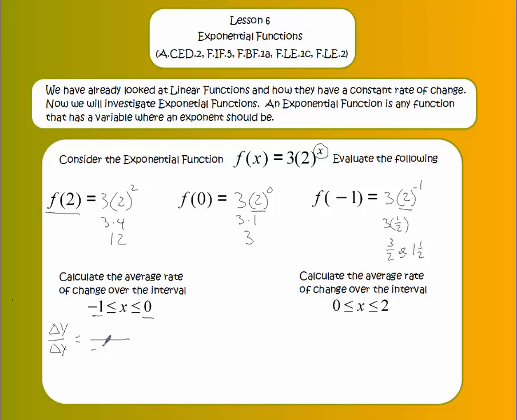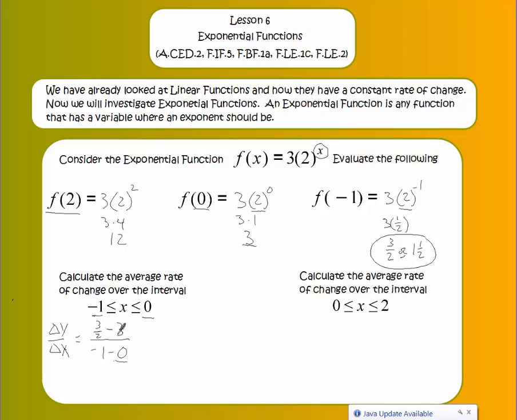So from negative 1 minus 0, and when the x value is negative 1, the y value was 3 halves, or 1 1/2. So I'll put in 3 halves. And when the x value was 0, I had a y value of 3.